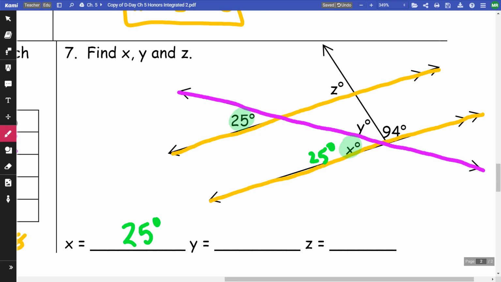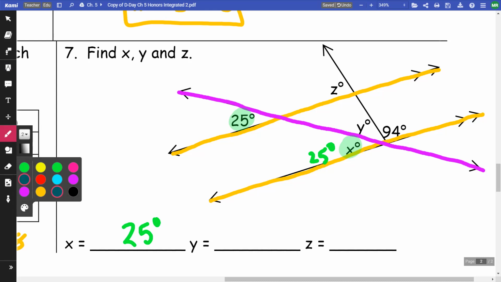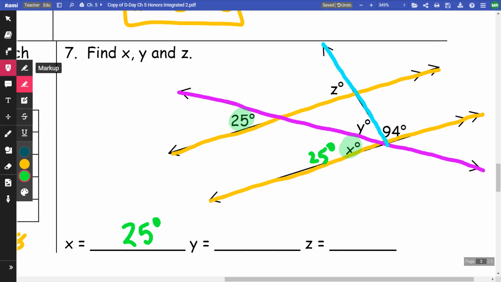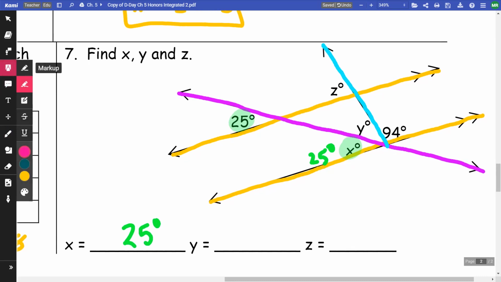Now, if I am looking at my 94 here, if I am looking at this as my transversal this time, and I am looking at this 94 degrees, this and this are going to be 94 degrees.